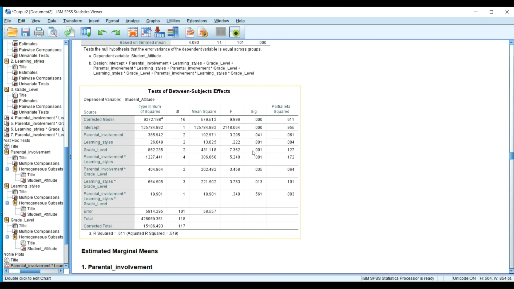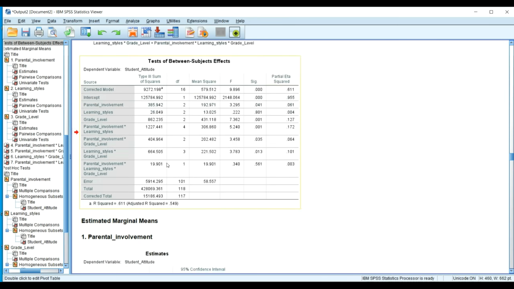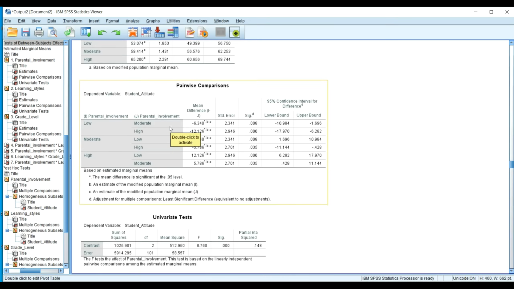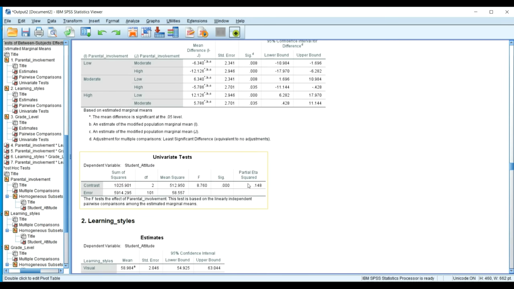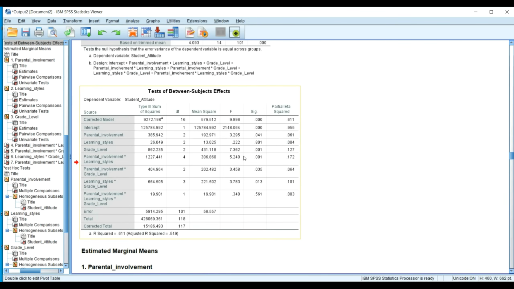But again, let me remind you that the key result is the test of between-subject effects. This is the test that will guide you into whether you go on to look at the pairwise comparison test and the interaction, how they contribute to the change in the dependent variable.